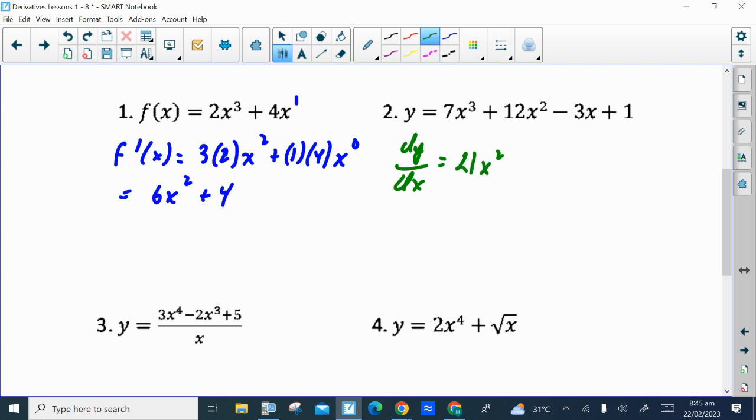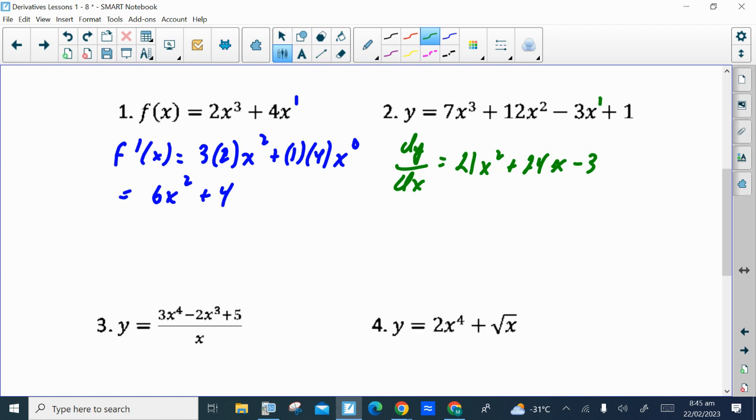Remember, the power decreases by 1. The exponent 2 is multiplied by the 12 in front. It becomes plus 24x. The power decreases by 1. This minus 3x is 3x to the 1. 1 times negative 3 is negative 3. And the power decreases by 1. So it would be x to the 0, which we don't need. Yes.